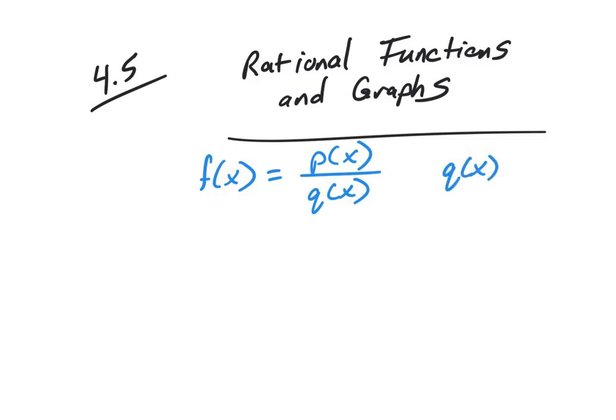And the one thing that we've talked about a lot in this semester is whatever's on bottom, whatever polynomial is on bottom, we can't let that equal zero. We can't have zero on the bottom of a fraction, ever, okay? And so there's going to be a lot of things today that would give us that, and we're going to have to determine what those values would be.